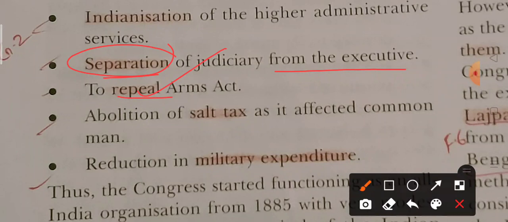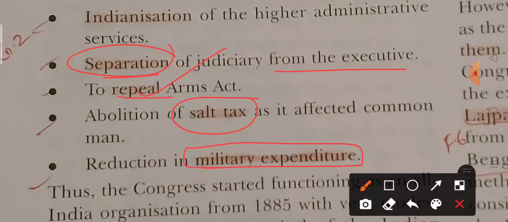And next is abolition of the salt tax. In those times salt was a very essential necessity of life. So this was the salt tax, and they also demanded its abolition. Next is the reduction in military expenditure.